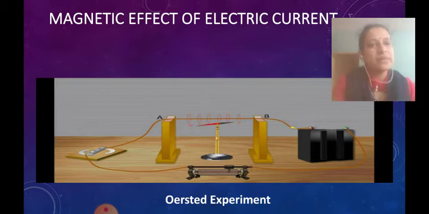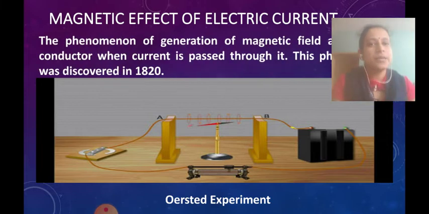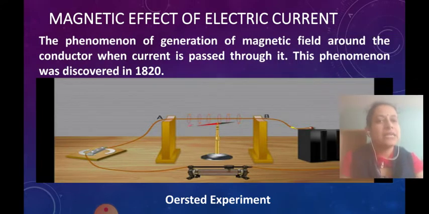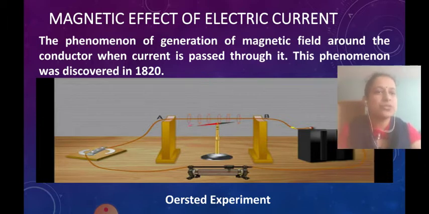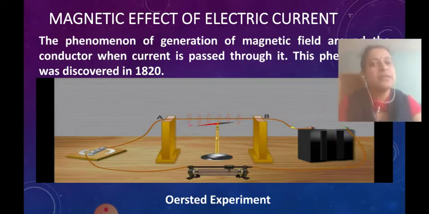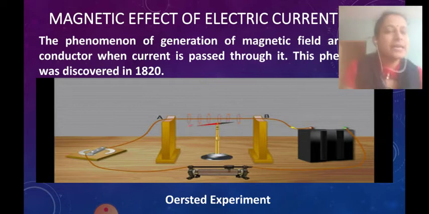The phenomenon of generation of magnetic field around the conductor when a current is passed through it. This phenomenon was discovered by him in 1820, when I was not there and when you were also not there. So remember students, it was discovered in 1820.